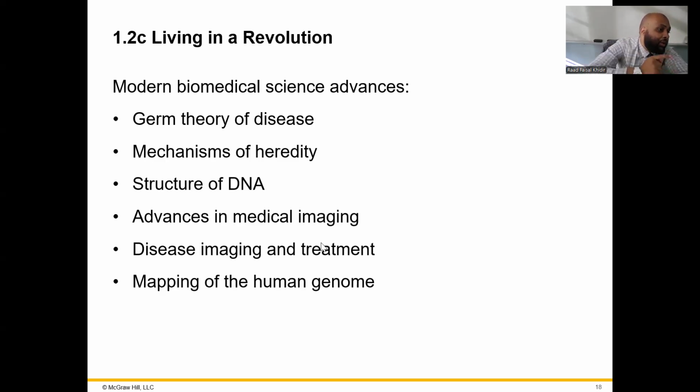So back in the day, they used to open up the abdomen to see what's wrong. Now you don't have to open it, and the X-ray will give you a better, finer detail, and with the CT scan, even better than you looking with your own eyes and with the microscope. So that's a huge advancement.